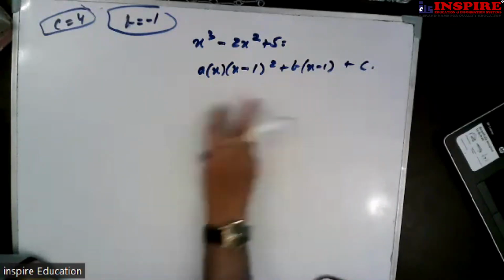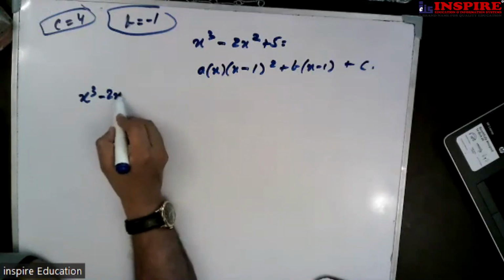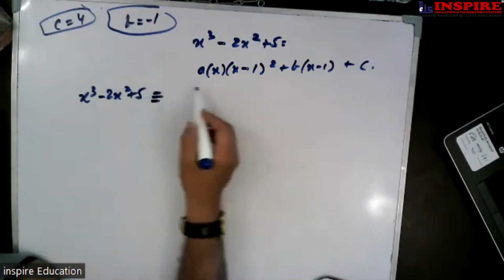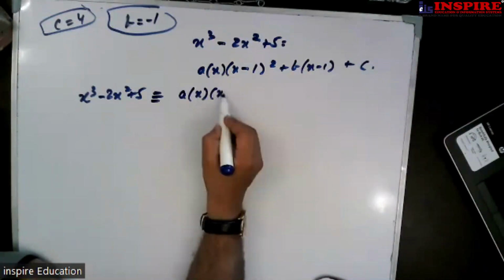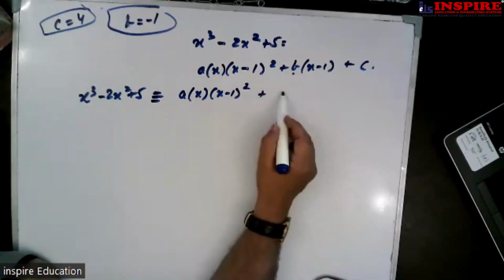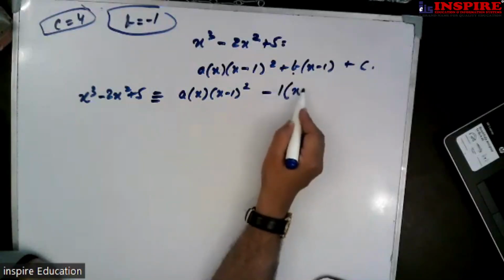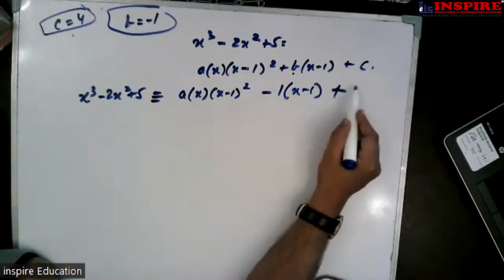Plugging in the values of b and c makes it much easier. x cubed minus 2x squared plus 5 is now identical to a, which remains there as an unknown still, but b takes the value of minus 1, so I'm going to write down minus 1 times x minus 1, and c is obviously a 4.